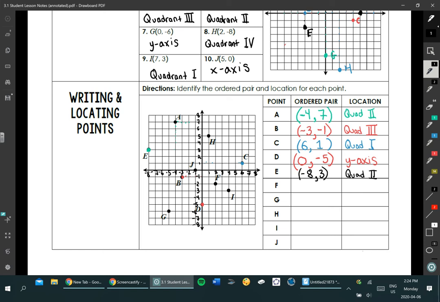Okay, F. So again, starting with the x-axis, it lines up with 2. Okay, so 2, comma, and on our y-axis we have -2, and that is quadrant 4.